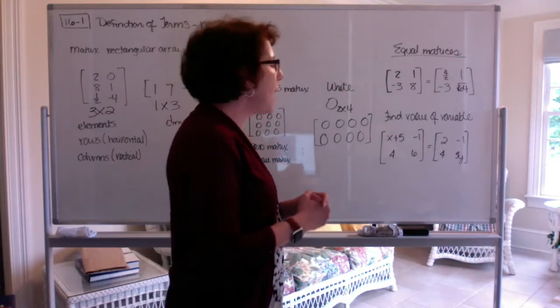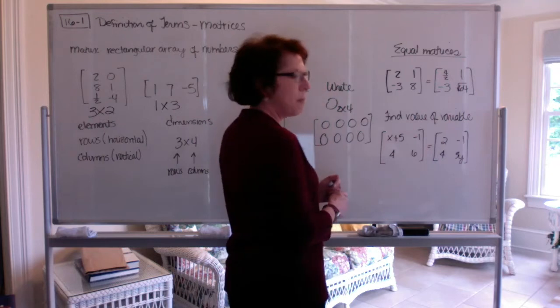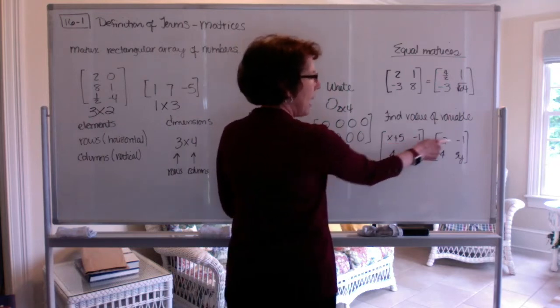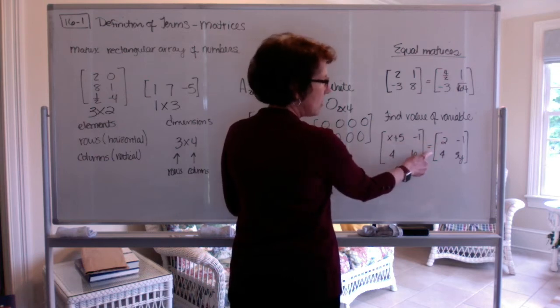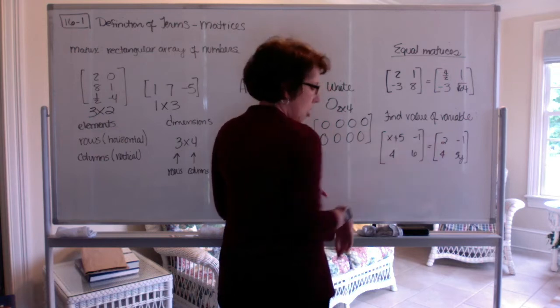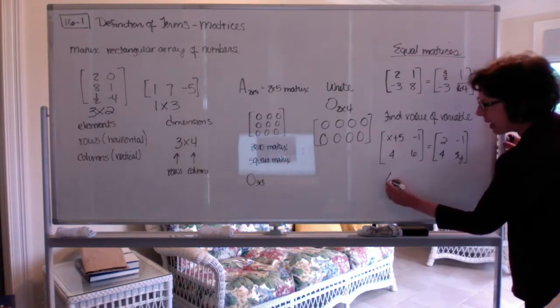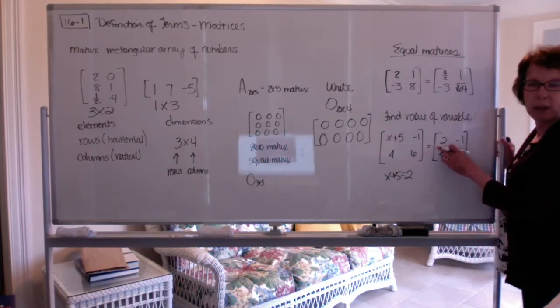Now, we may have a homework problem like this that says find the value of the variable. Well, I have an element over here in row 1, column 1, and it's x plus 5, and over here we see that these are equal matrices and the matching element is 2 here. So I just have to note that this element, x plus 5, has to equal 2 since these are equivalent matrices.